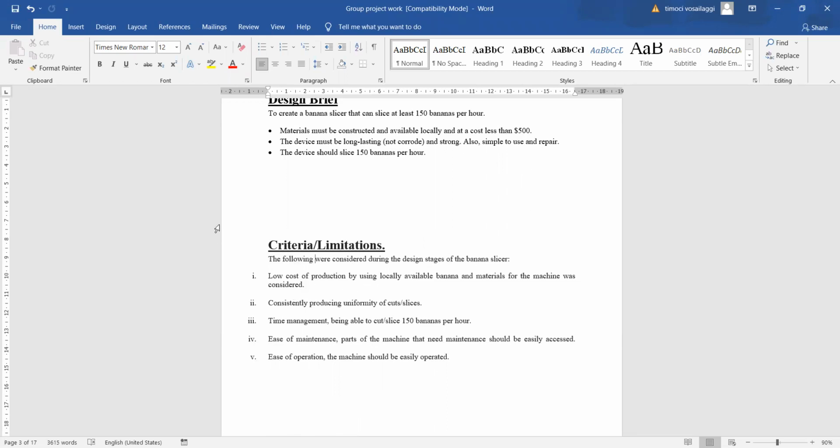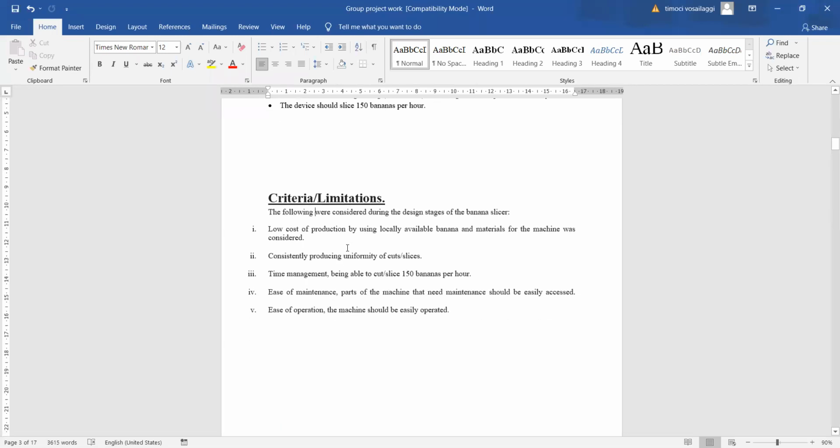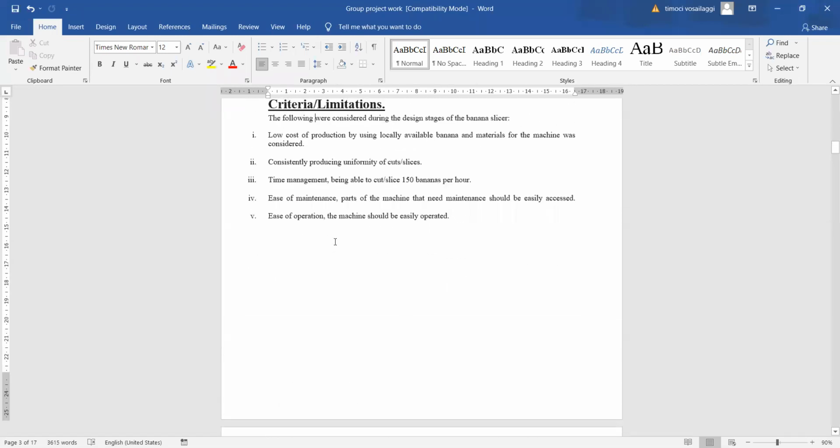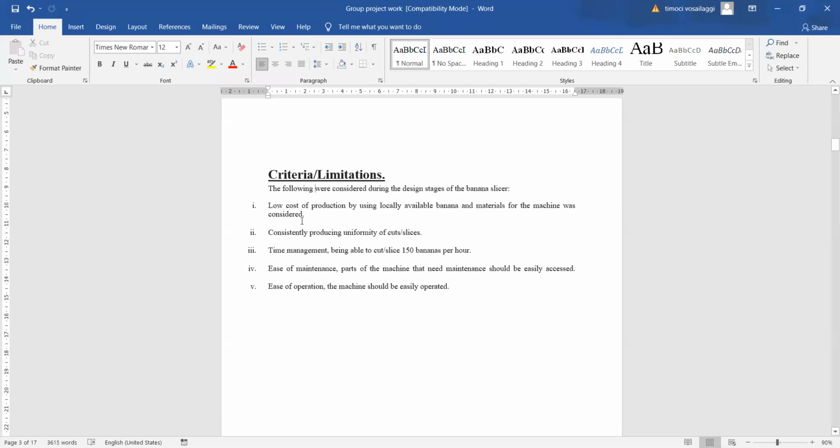Low cost of production by using locally available banana and materials for the machine was considered. Okay, so are these your design criteria? Low cost production by using locally available banana and materials for the machine was considered. You may want to check the grammatical structure of this sentence. It doesn't quite read correctly, if you get what I mean.